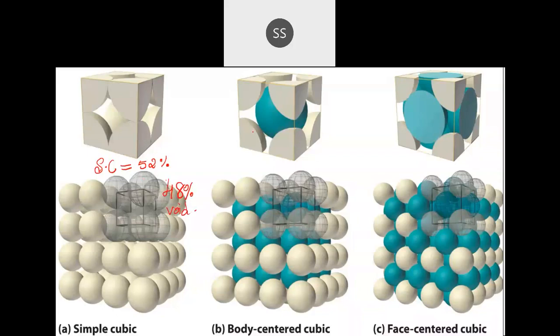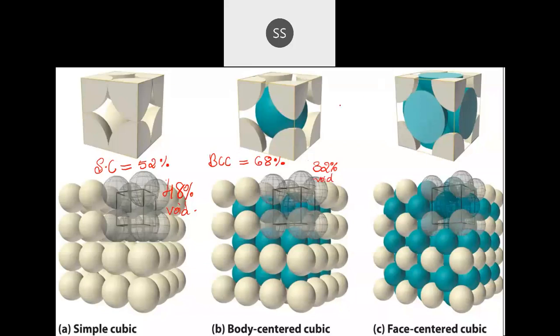And in the body centered, BCC, the packing efficiency came out as around 68%. So 68% of the volume is occupied and the remaining 32% goes in the form of void. And the last one, FCC.